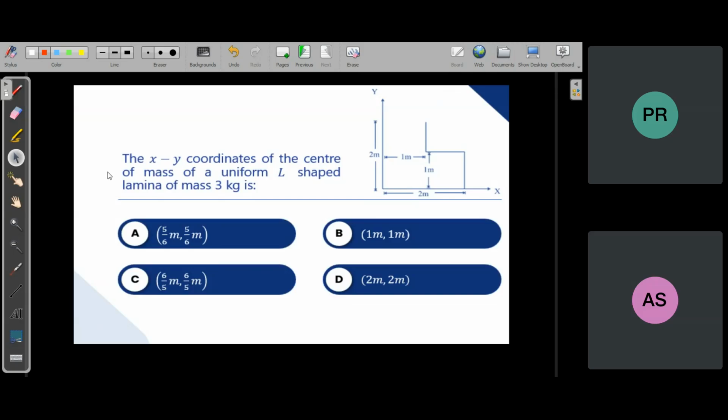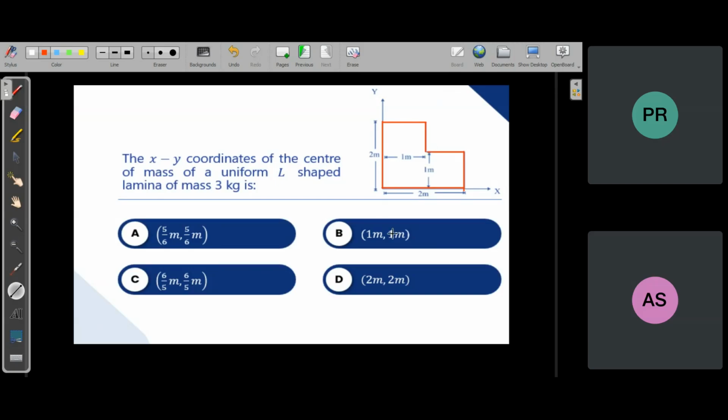Okay, I think I got it. It is somewhat like this. Some part is missing in the diagram, I think. It is like this. This is the complete shape, L shape. Can you see this? Complete L shape? Yes, now this is complete.